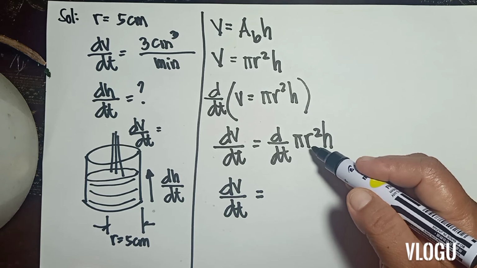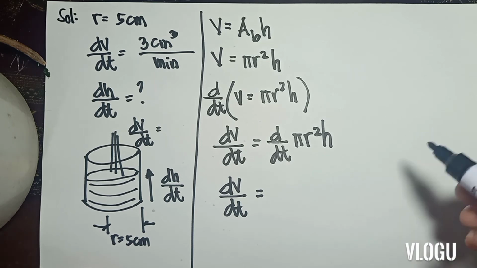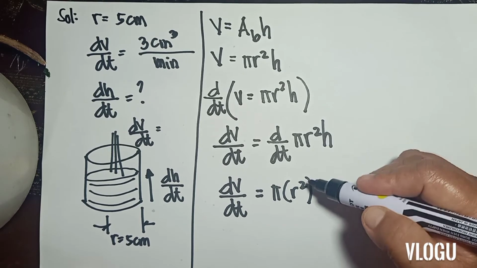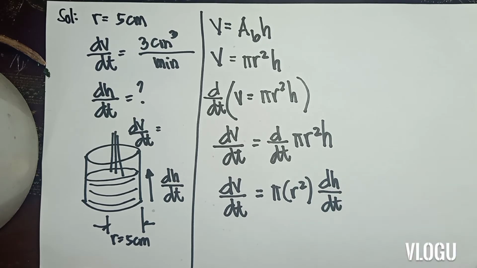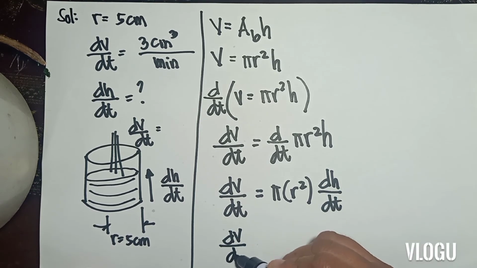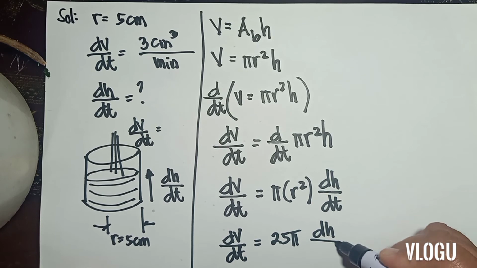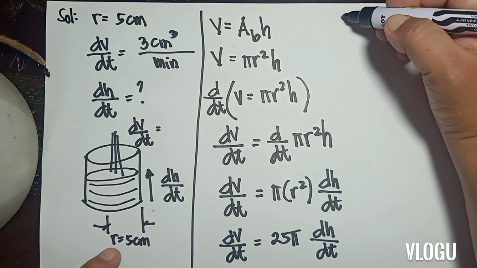So the radius is 5 centimeters, and you treat pi r squared as constant. So you will have dh/dt. What is r equal to? That is 5, and the square of 5 is 25. So 25 pi dh/dt. Where did I get 25? That is from the radius squared, 5 squared.